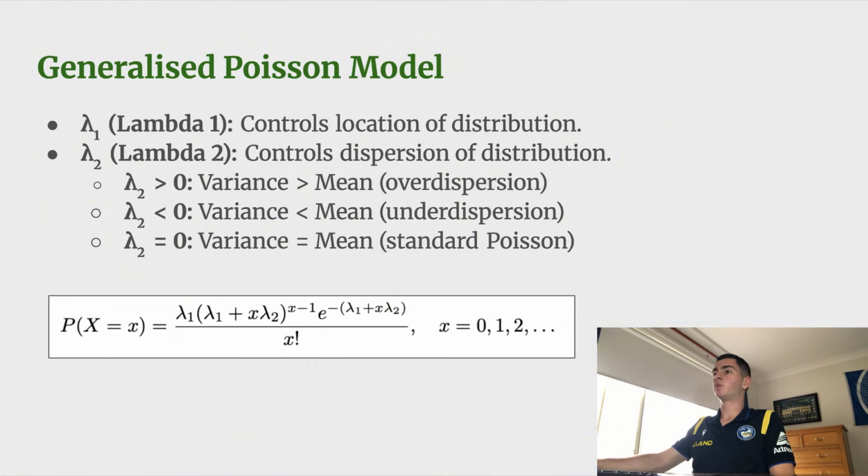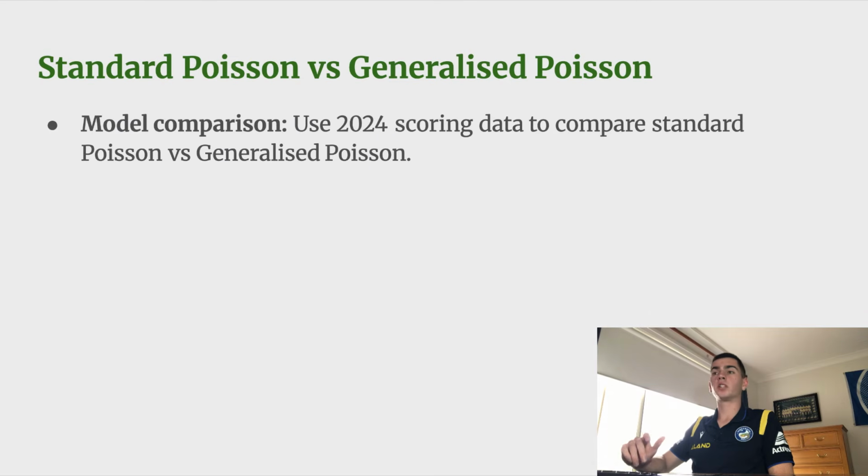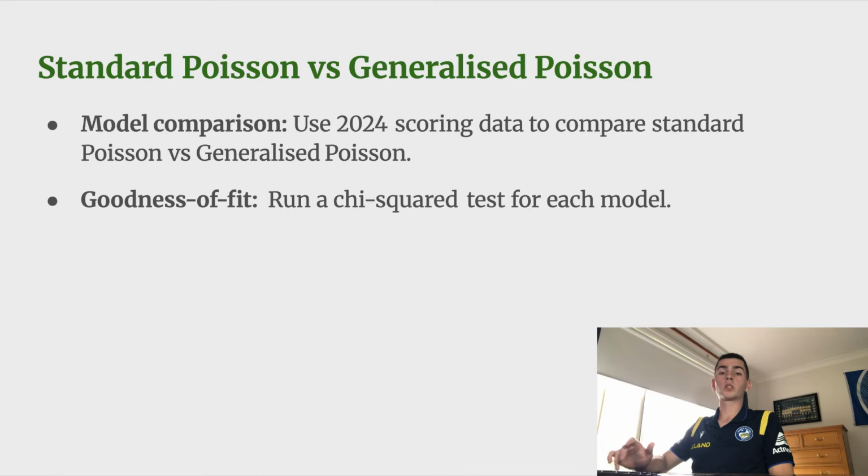Once we have lambda 1 and lambda 2 estimated from the data, we can compare how well the standard Poisson and generalized Poisson match the real touchdown and field goal distributions from the 2024 season. We estimate the empirical mean and variance directly from the scoring data, and then I can run a chi-squared goodness of fit test to check which model fits better. The logic is the same as before.